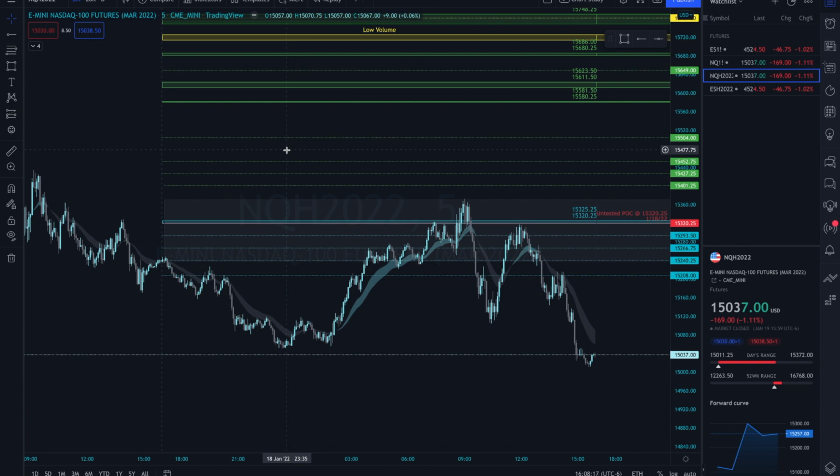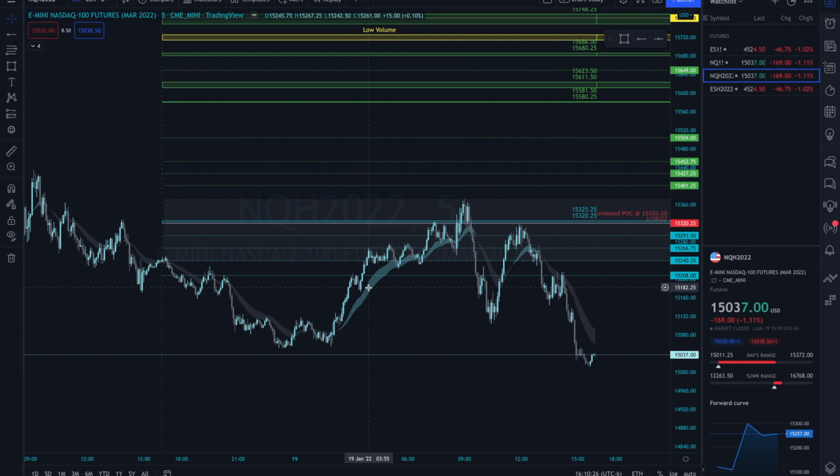And the other thing is these lines were actually made before the session started. I had these lines around, I want to say maybe 6 or 7 o'clock the night prior to the intraday session. And you can kind of see that price action just follows these lines.